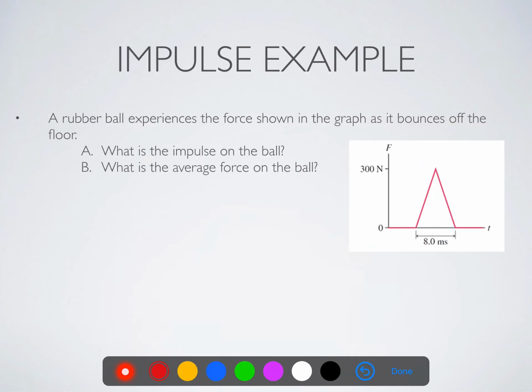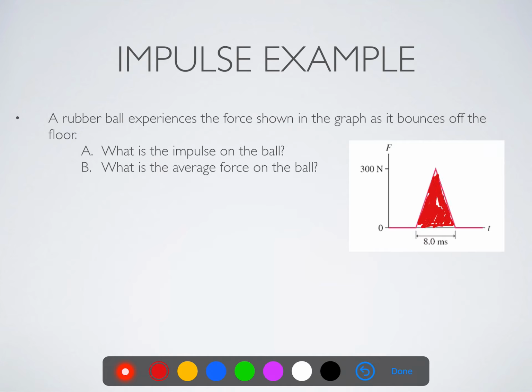All right, so let's do an example. We have a rubber ball that experiences the force shown in the graph as it bounces off of the floor. What is the impulse on the ball, and what is the average force on that ball? Looking at this, remember, impulse is the area under this curve right here. So we're going to try to find the area of this triangle.